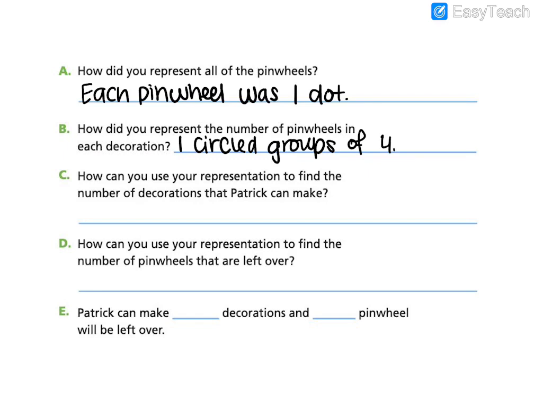All right, letter C is going to ask us, how can we use the representation to find the number of decorations Patrick can make? So how did I know that it was 6 decorations he could make? Because I could count my groups of 4.